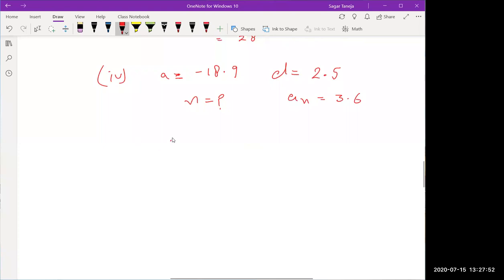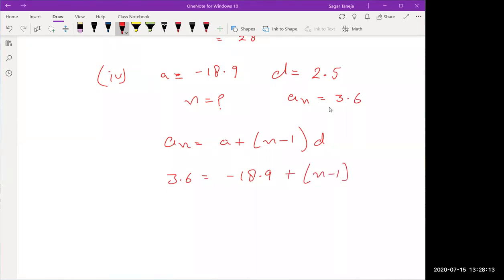So here again use the formula: an is equal to a plus (n minus 1) d, where an is 3.6 and a is minus 18.9, plus n we don't know, and d is 2.5.